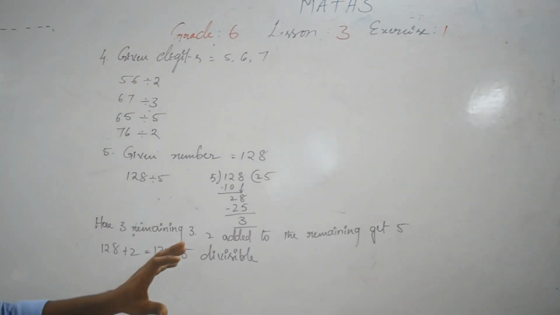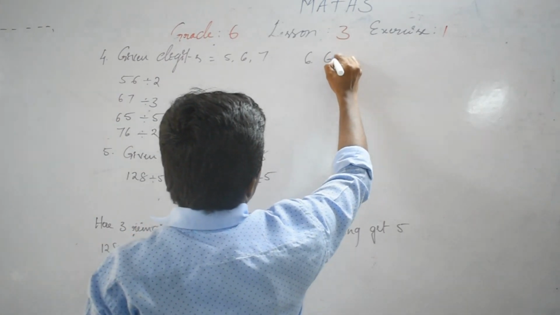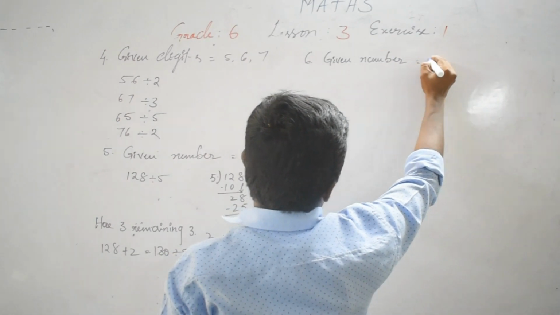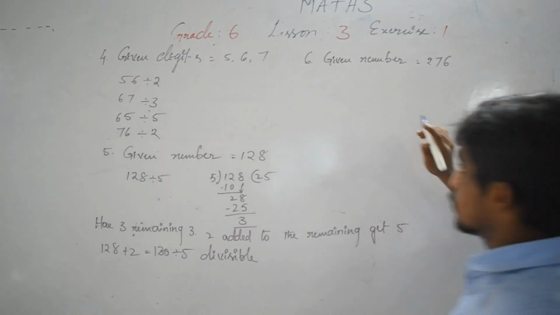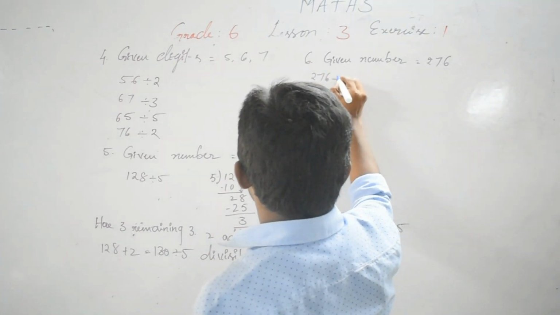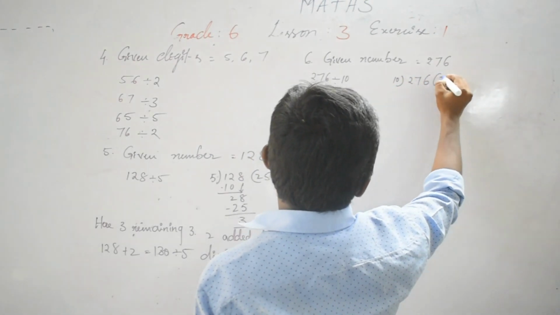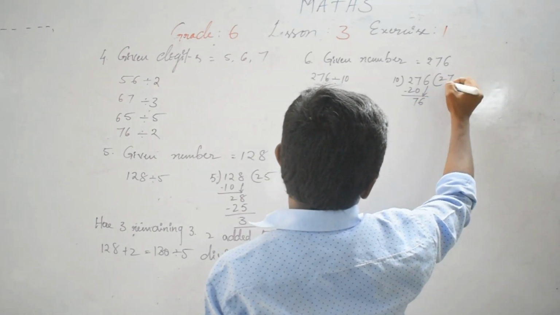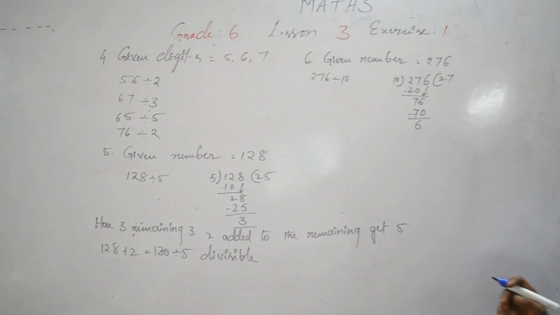This is like the previous one, only here they give subtract. So the given number, what is it? 276. You check whether this number is divisible by 10. 10 twos are 20, 7, 6, 27. So is this divisible or not divisible?